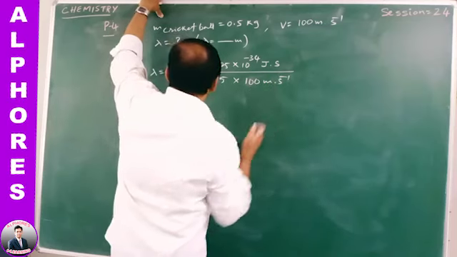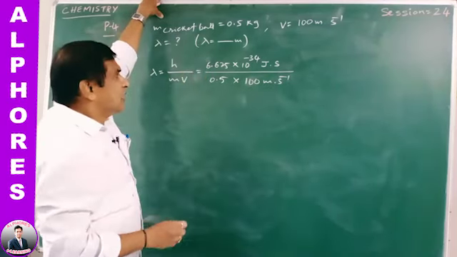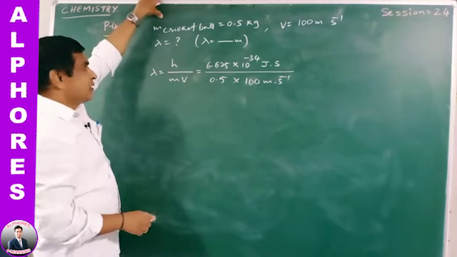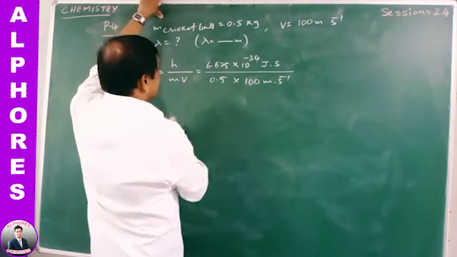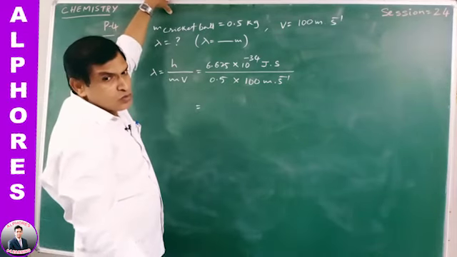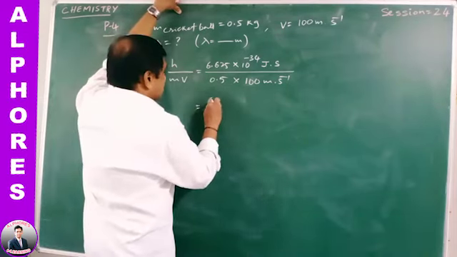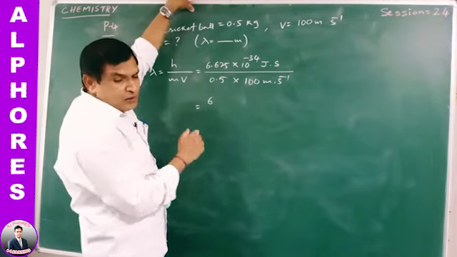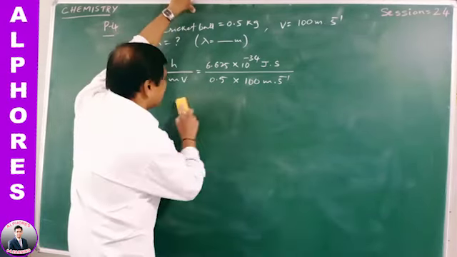Okay, now the data is substituted, so h by mv. Then this is equal to 6.625, or let us substitute the direct value.